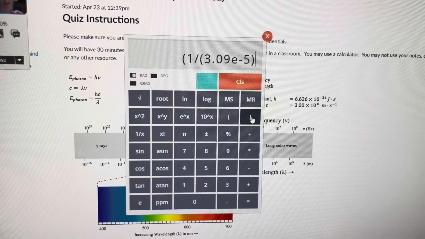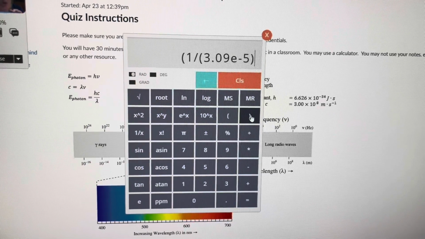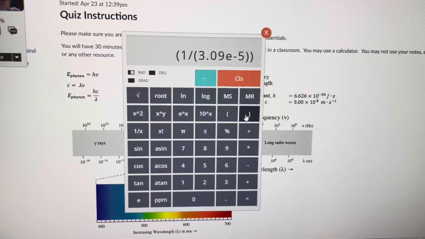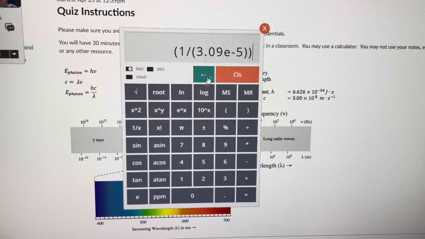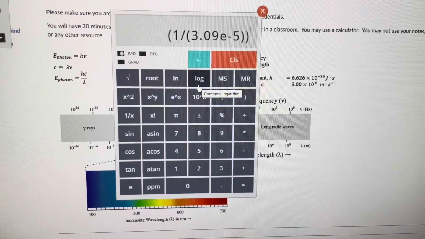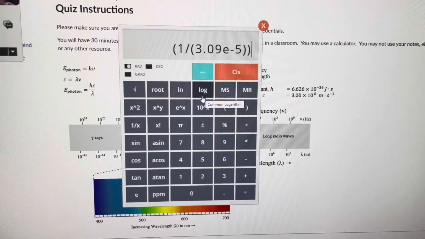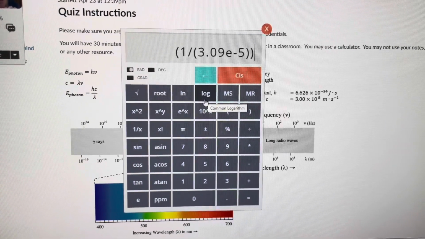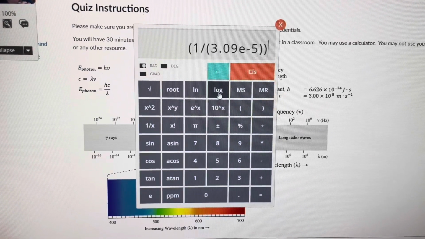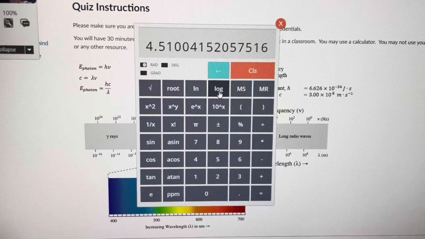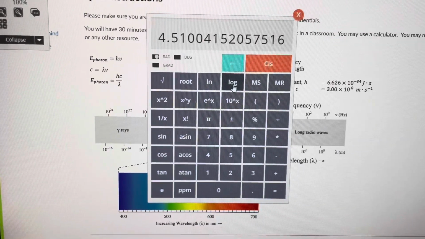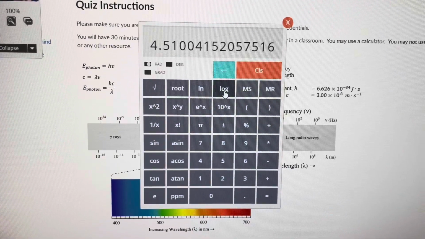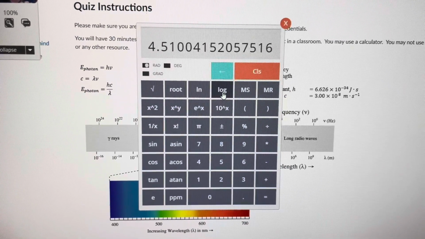Close those parentheses, and now I click log. And by putting 1 over that number, I'm essentially doing the negative log of that number, which is what I have to do in order to solve this problem. So I click log, and I get 4.510, which is my pH, if you confirm it with the problem.